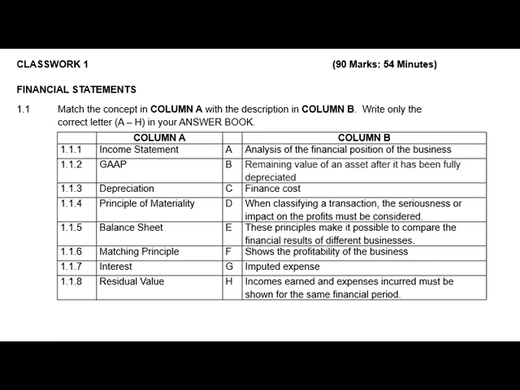And 1.1.7, it says interest will be C, which is your finance cost, that is correct. 1.1.8 will be E, which is the remaining. So basically everything I've said is correct. Okay. I just needed to double check if everything is correct. That's it with respect to GAAP principles. Okay. Matching column A and B. We're done with it. Let's move on.